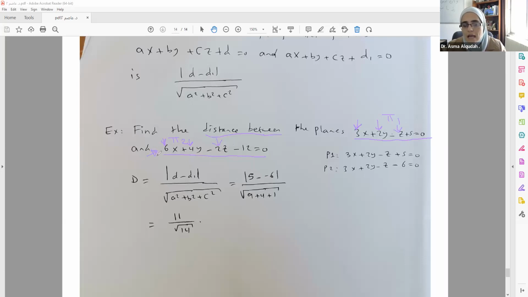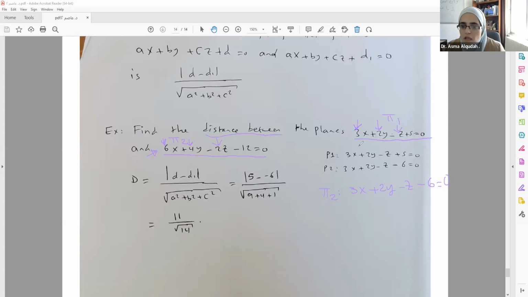We notice that the coefficients in pi 2 are double the coefficients of pi 1. So we divide the equation of pi 2 by 2, and it becomes 3x plus 2y minus z minus 6 equals 0.